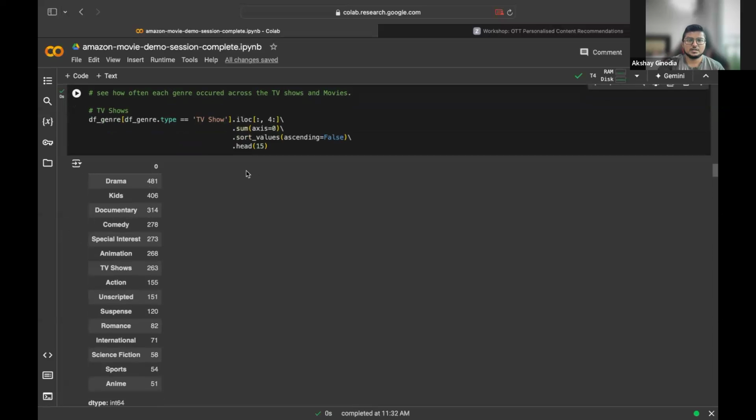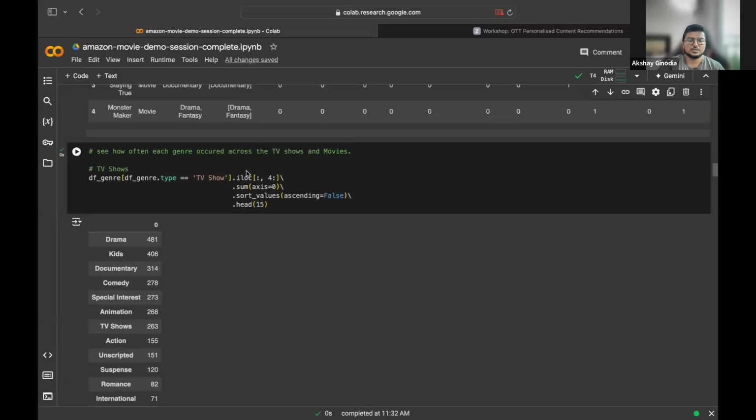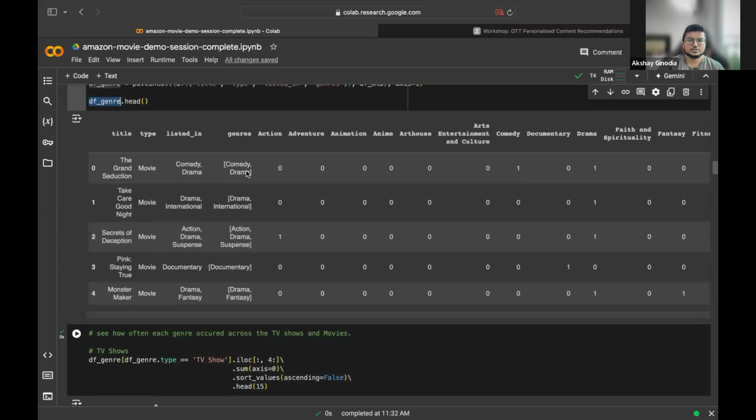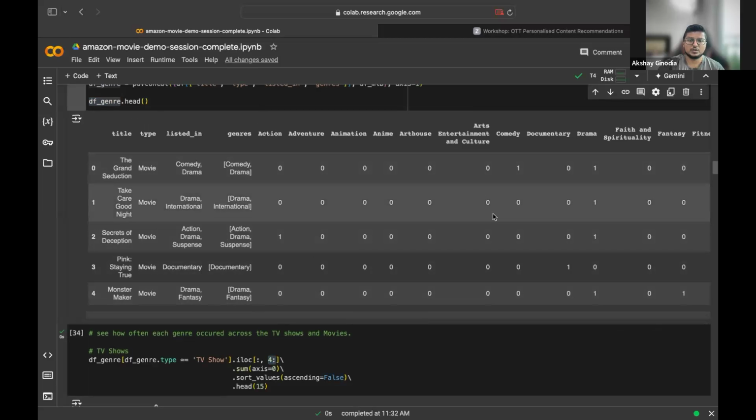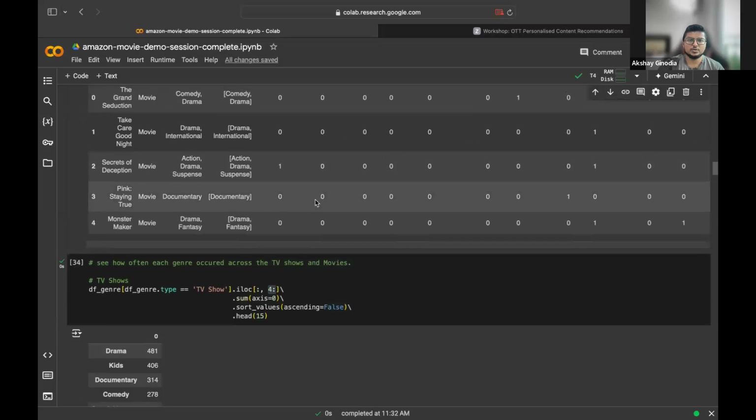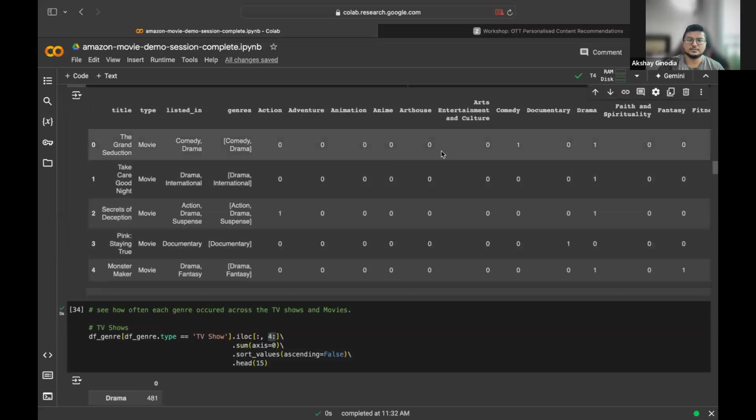Here I'm sorting all these columns, so 4 colon. 0 is the starting index of any column or row, like we see here. So column 0 is title, then 1, 2, 3, 4. So 4 colon means 4 onward, all the columns that I'm taking. And then I don't need to do value counts here because it's already in values of 0 and 1.